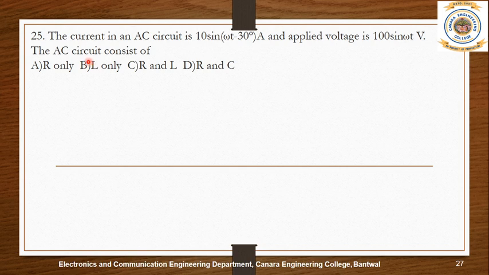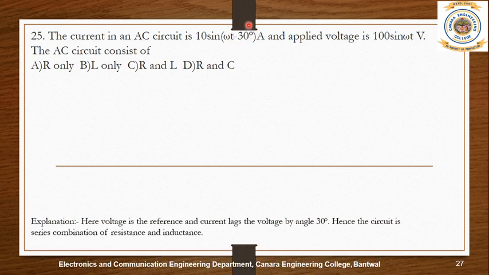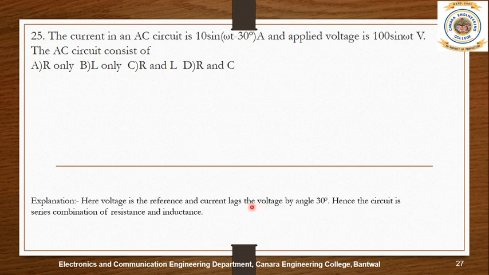Next, the current in an AC circuit is 10 sine omega t minus 30 degree, and the applied voltage is 100 sine omega t. The AC circuit consists of. Now, what is the phase angle? The voltage phase angle is 0 and the current phase angle is minus 30 degree. That means the current lags the voltage by 30 degree, not leading.